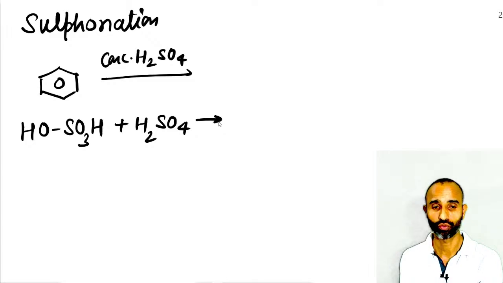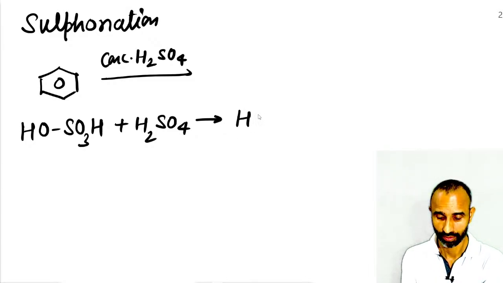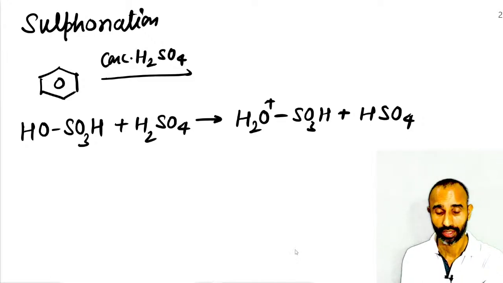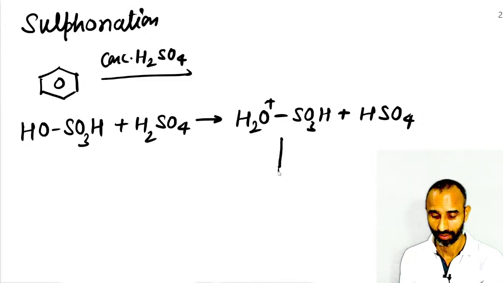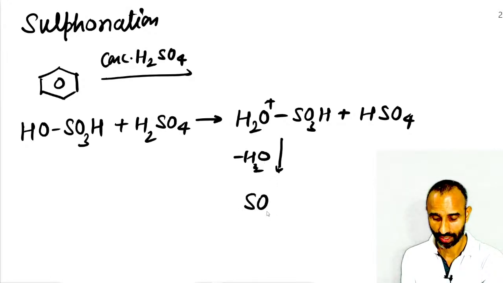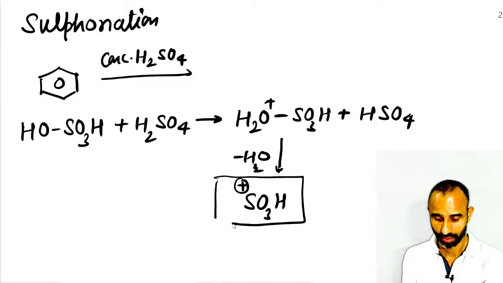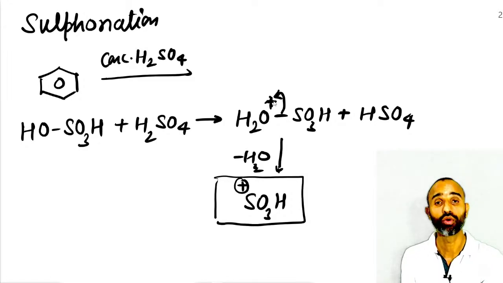Two H2SO4 react together and we get this type of product, and then water is removed and we get SO3H positive, because H2O positive is a very good leaving group.